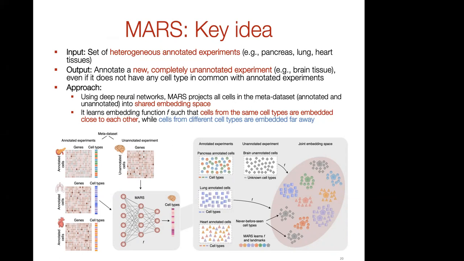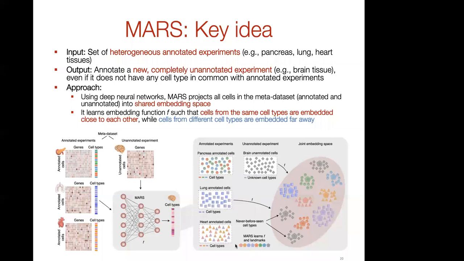The output of MARS is that, given this set of heterogeneous annotated experiments, we want to annotate a completely new experiment that is not annotated at all, for example, for a new tissue like brain tissue that has not been seen or modeled before at training time. And we want to do that even if that new experiment does not have any cell type in common with experiments that we have seen before.